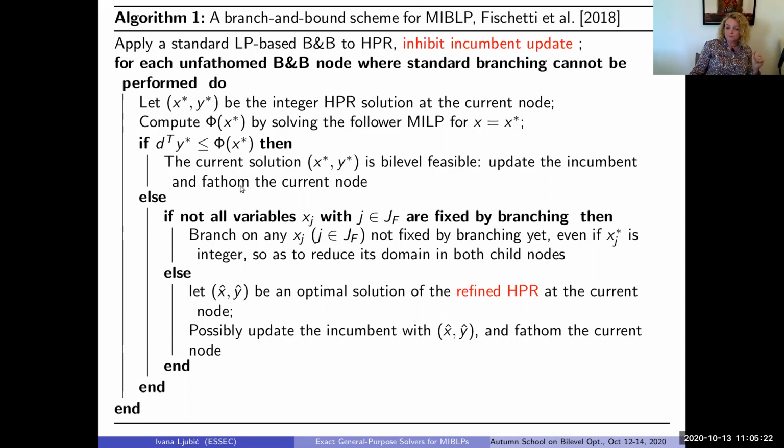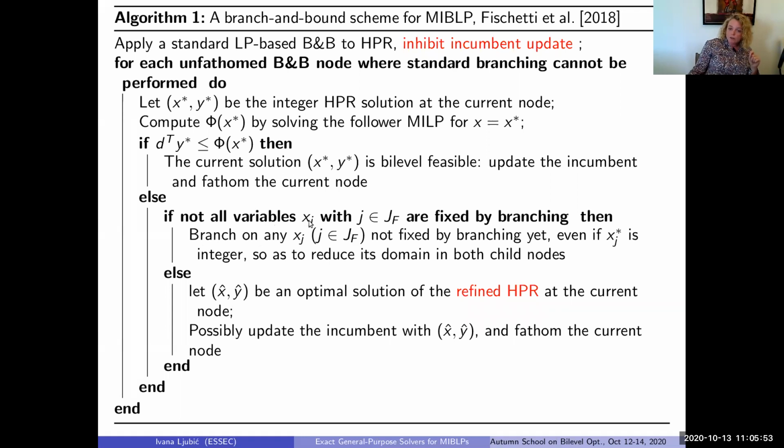This is fine. The problem is, what if this point is not feasible? What can we do next? This is now the difference, because remember, in the example of Moore and Bard, we have seen that the optimal bilevel solution was inside the convex hull of the HPR points. This means that we have to continue branching, even if the point that we have found is integer.